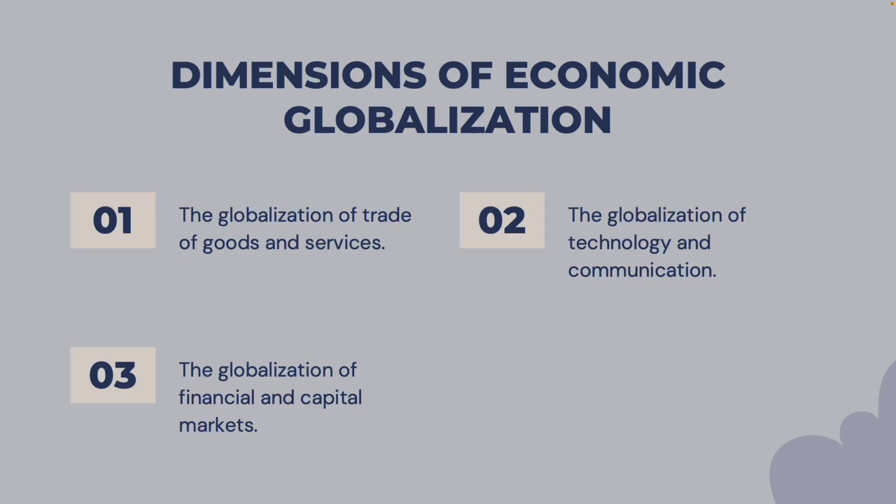Third, the globalization of financial and capital markets. This is huge, the ability for money and investments to zip around the planet incredibly quickly. That one feels particularly powerful, doesn't it? The speed of modern finance. It certainly is. And fourth, there's the globalization of production. That goes back to our car example, breaking down the manufacturing process and spreading it out geographically. Seeing those four dimensions really helps make it concrete.